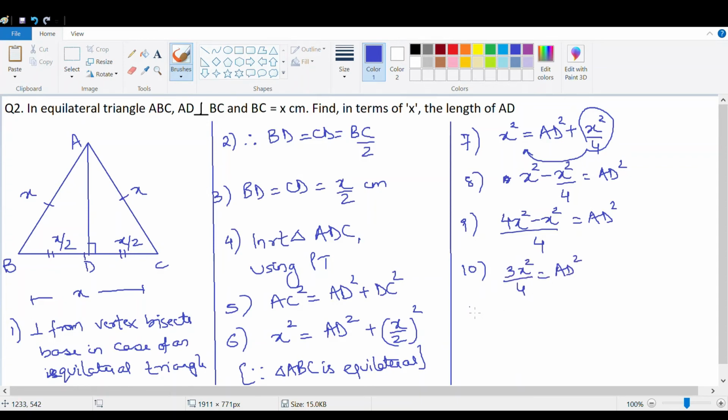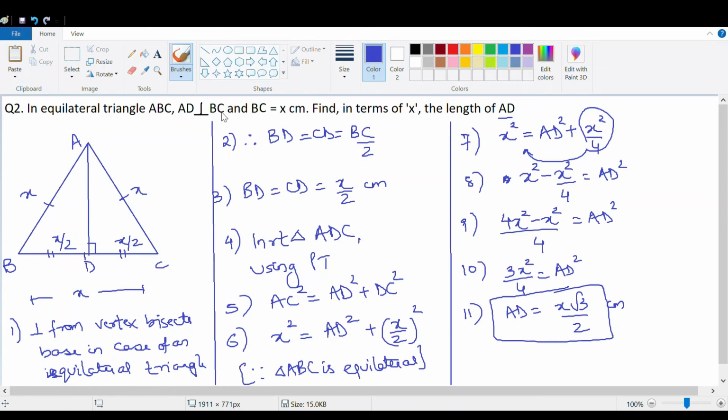Taking square root of both sides, I get AD is equal to x root 3 upon 2 centimeter. So that's what they wanted us to calculate, the length of AD in terms of x. So AD will be equal to x root 3 upon 2.